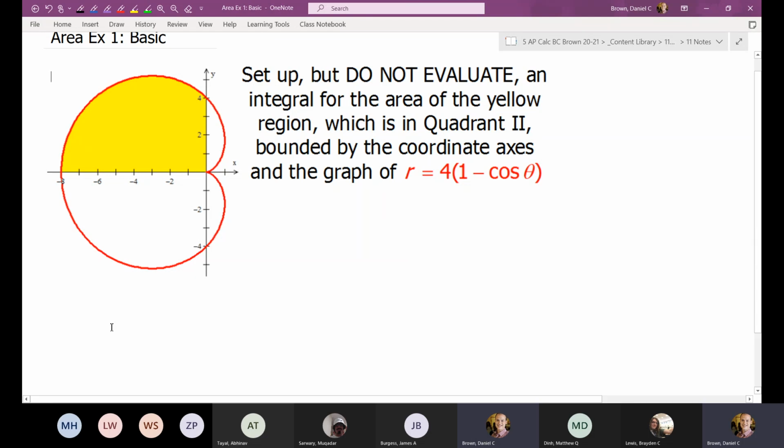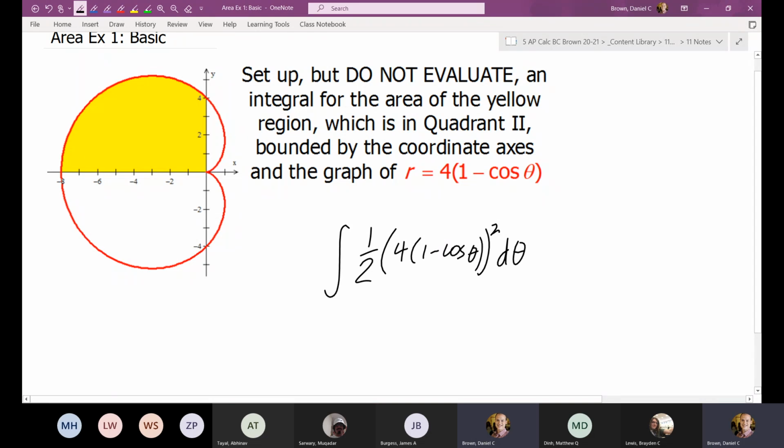So if I'm doing this one, I think this one's going to be pretty easy to do. First off, we only have one graph. So I'm going to go ahead and write down the integral that I'm using. We have 1/2 of r squared d theta. And what is r? R is 4 times 1 minus the cosine of theta.